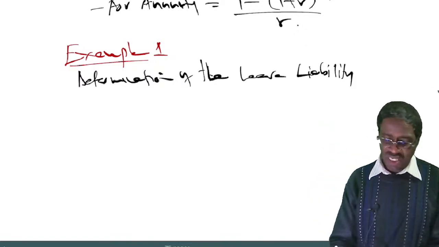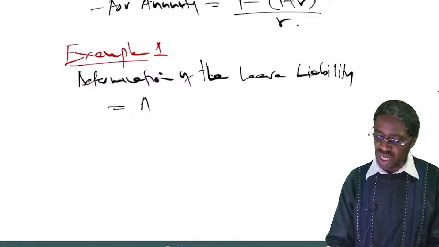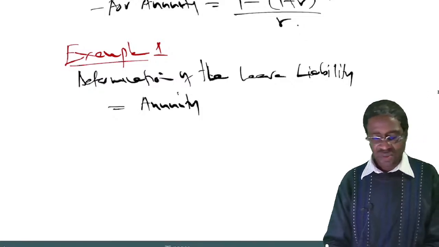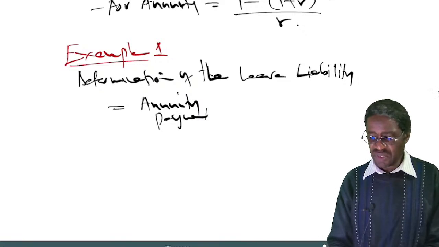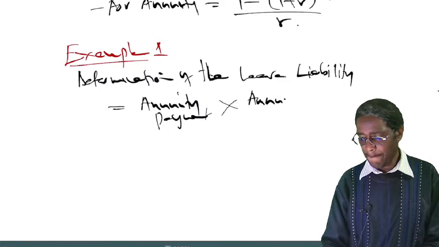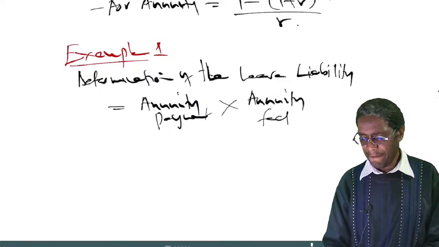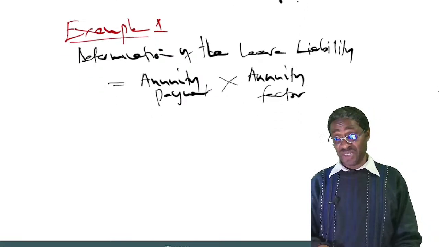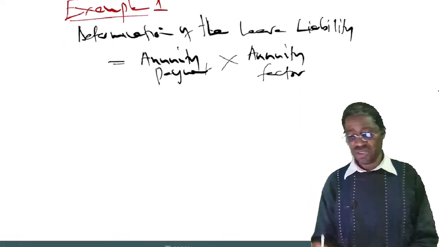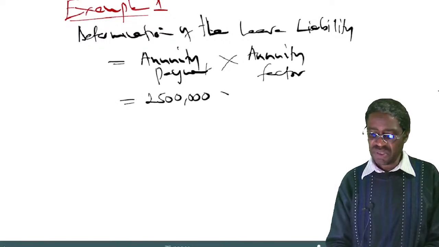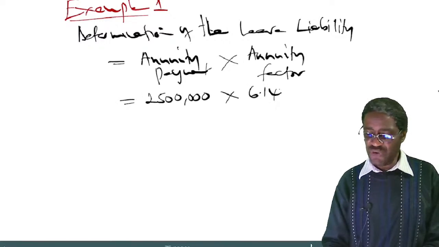So we are saying it will be equal to annuity payment times annuity factor. Our payment is 2.5 million every year times 6.144.